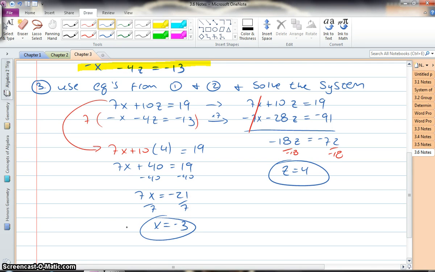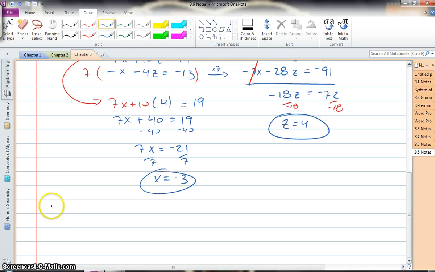At that point, we can use any equation. Now we have x and z, so now we have to find y. Let's go back up and use equation A to find the third variable. Equation A said 3x plus 2y plus 4z equals 11.